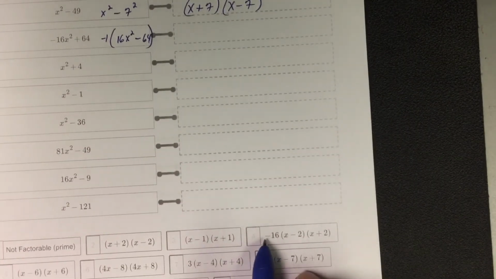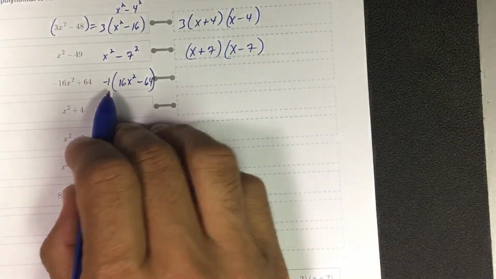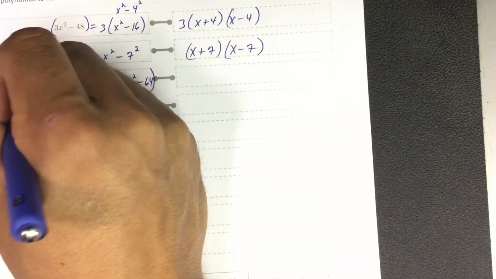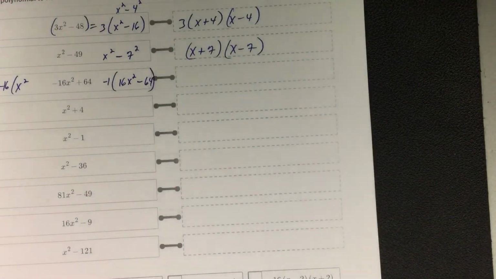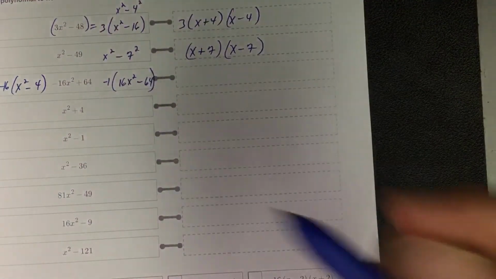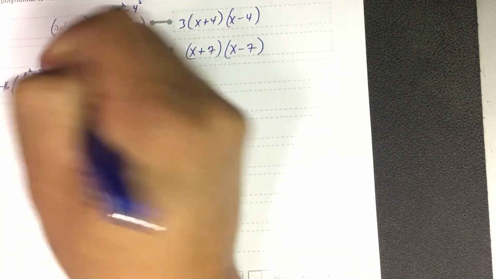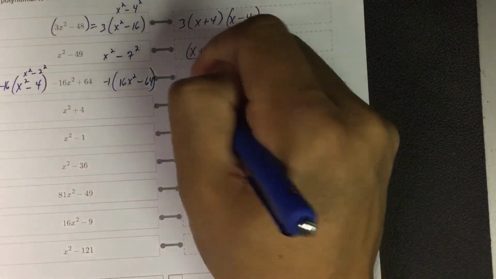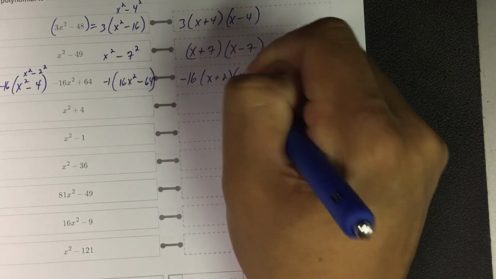I'm looking at the bottom to see what answers they have. If you divide out the negative 16 to begin with, so instead of a negative 1, I pull the negative 16 out in front, that's x squared. 64 divided by negative 16 is minus 4. So now that's just x squared minus 2 squared. So I got the negative 16 in front, x plus 2, x minus 2.